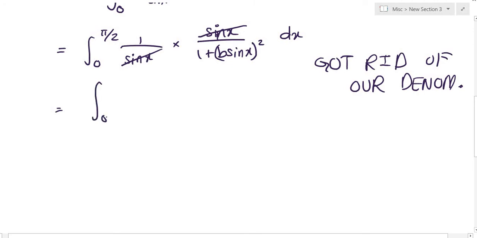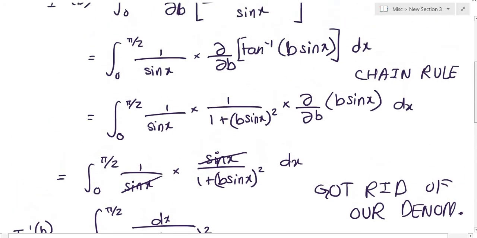So we have the integral from 0 to pi over 2 of dx over 1 plus b times sine x, the whole thing squared. Now we really need to simplify our I prime of b. Let me remind you what all this was. It was I prime of b, right?